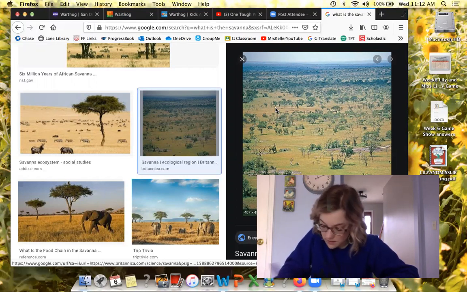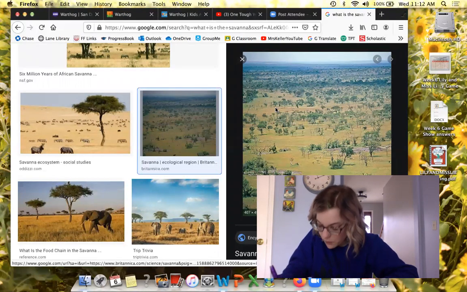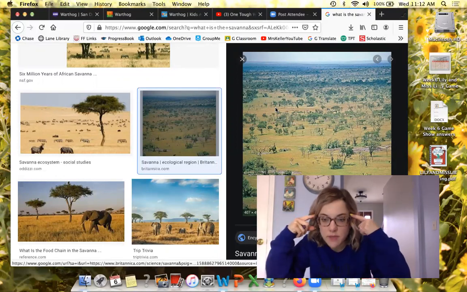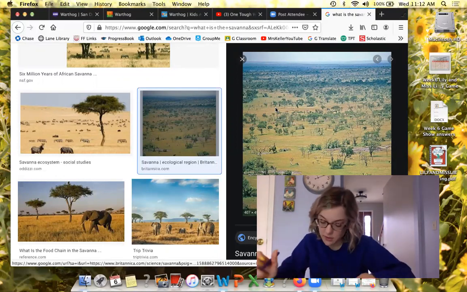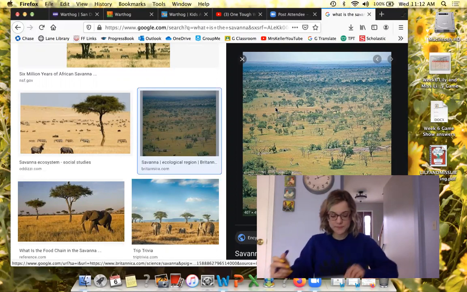The savannah is dry, has coarse grass, and few trees. If I want my reader to understand and visualize what I'm talking about, besides just drawing a picture, I could also say, imagine the habitat in The Lion King. And this is page 2.